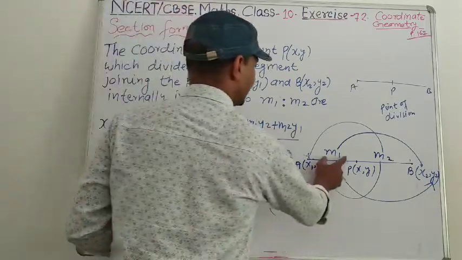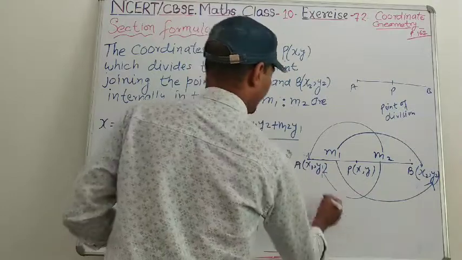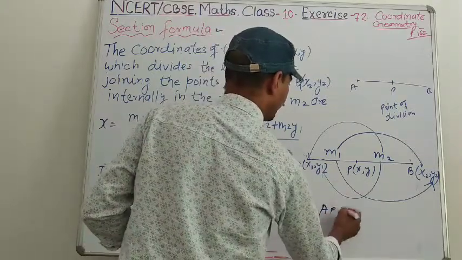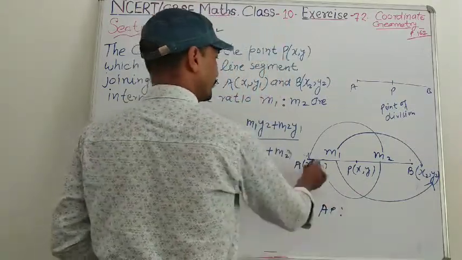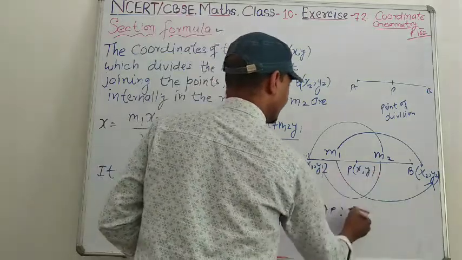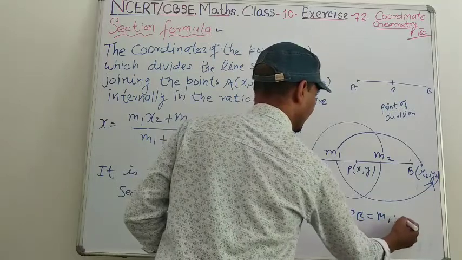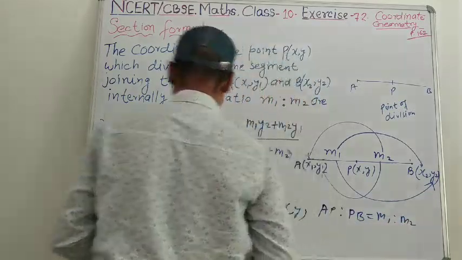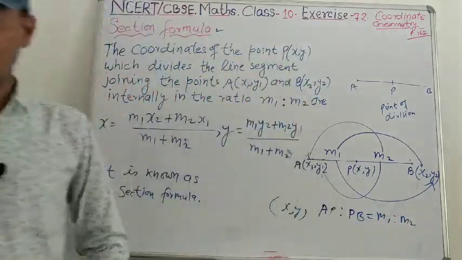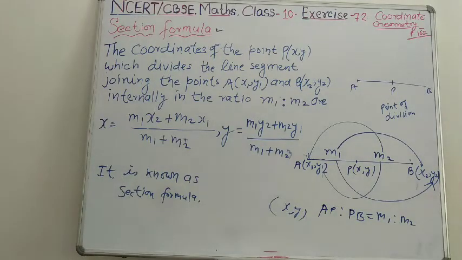Our ratio is this m1 m2. You can do it this way also: AP is to PB, AP is m1 and PB is m2. So it is the section formula. We will do some questions, so it will be clear to you.